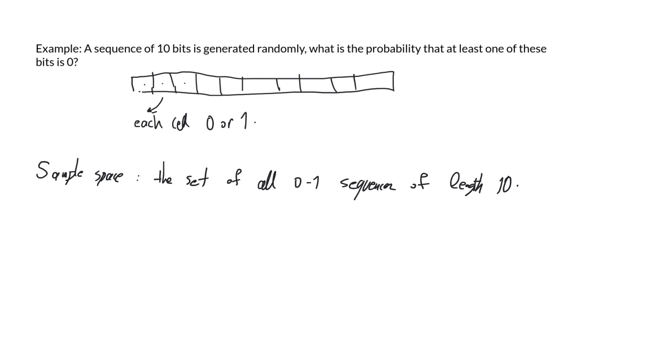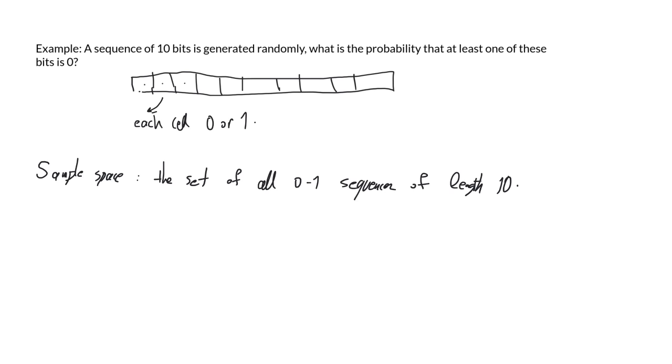Because when 10 bits are generated randomly, we could generate all possible sequences of 0, 1 of length 10.